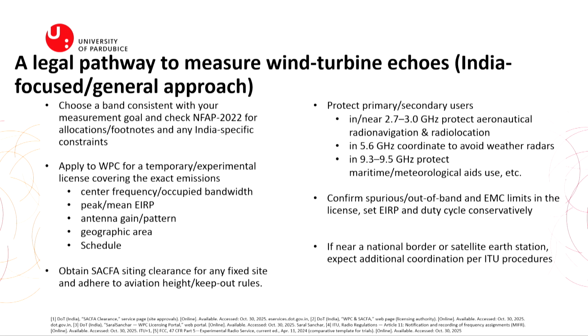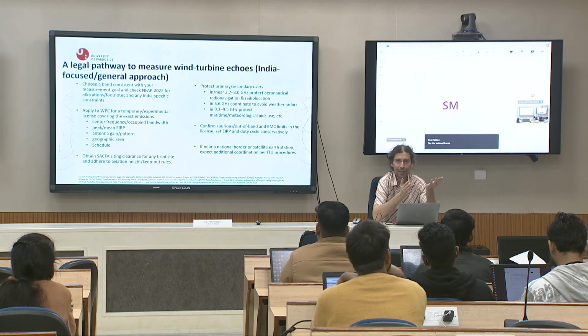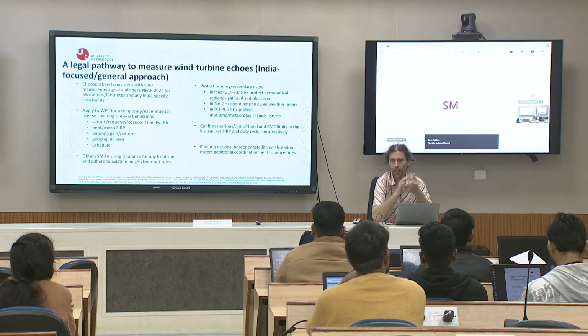So you can see these are exactly the frequencies that we are using. It is good to use the same frequencies as your radar. Why? Because your measurement will be exactly valid and will have the same reflection on the same frequencies as your radar measures.